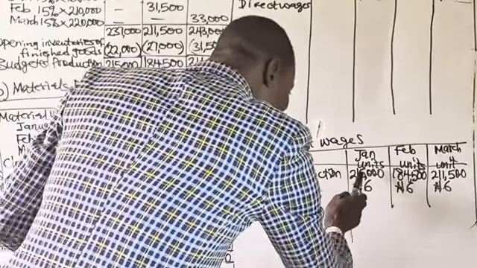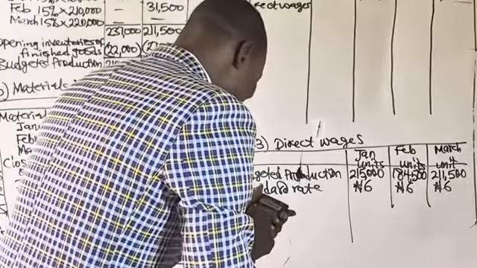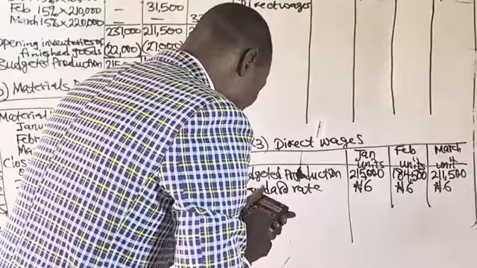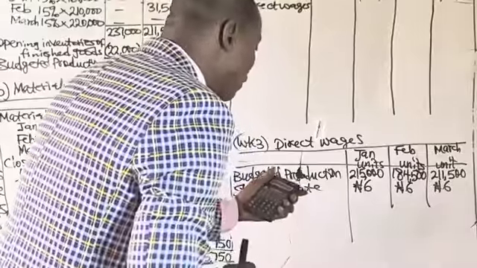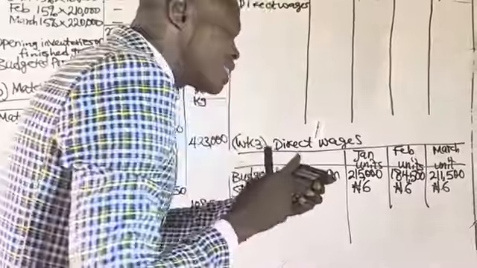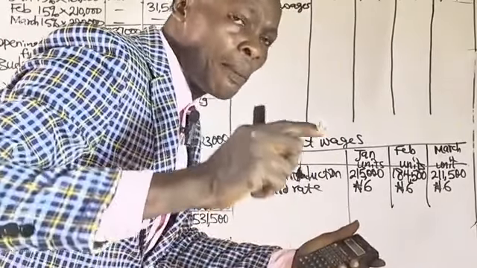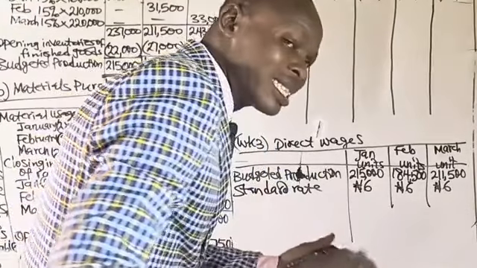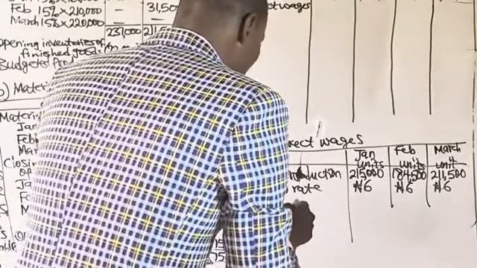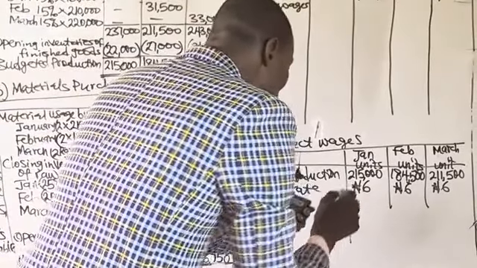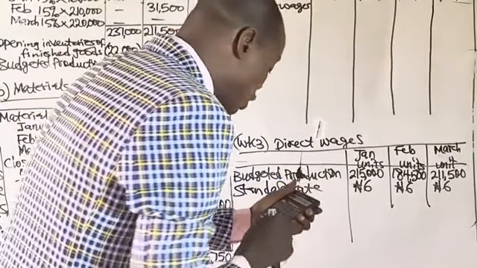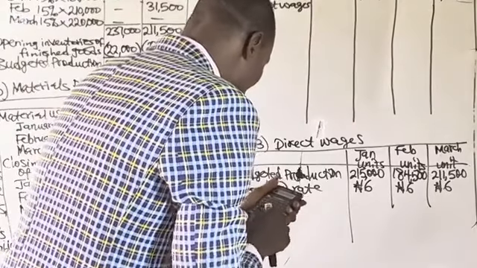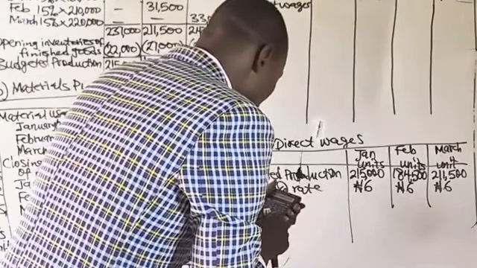Half of 215,000. 215,000 divided by 2 gives us 107,500. The 107,500 represents the budgeted hours. The budgeted hours, you now multiply by the standard rate per hour given in the question, which is 12 naira. You can see that information at the beginning of the question.